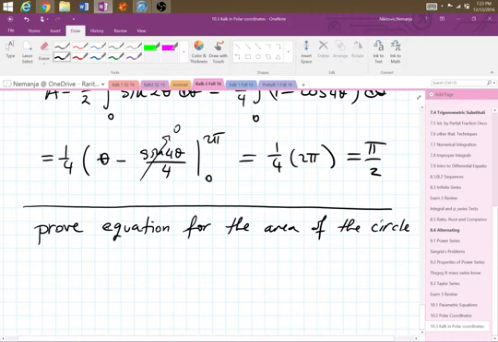Yep, so from 0 to pi. So what are you integrating? R. Yeah, so you're integrating R equals R. Good. Why? Because the area of the circle is pi r squared. You should get that.